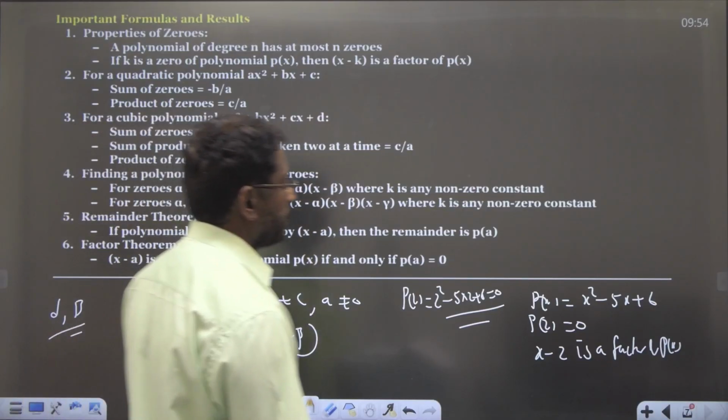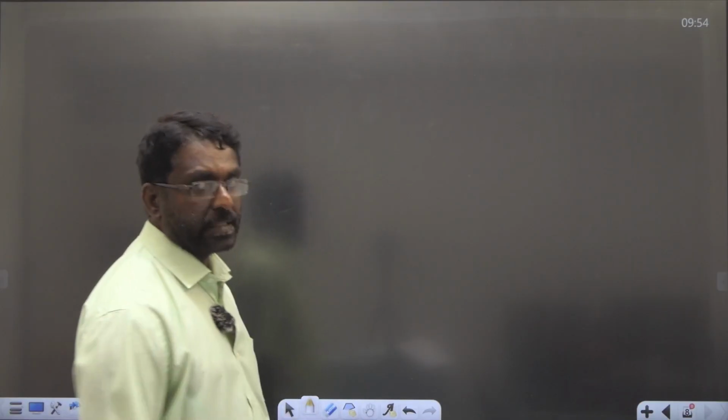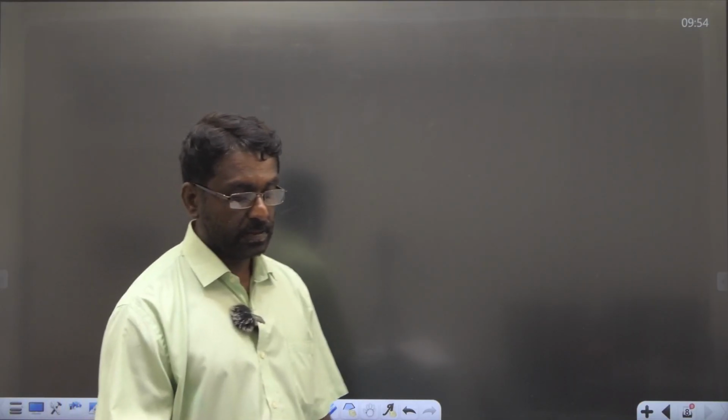Okay, we will do some more questions. I can give you a question regarding this chapter. You write a question, find a question from your NCERT book.